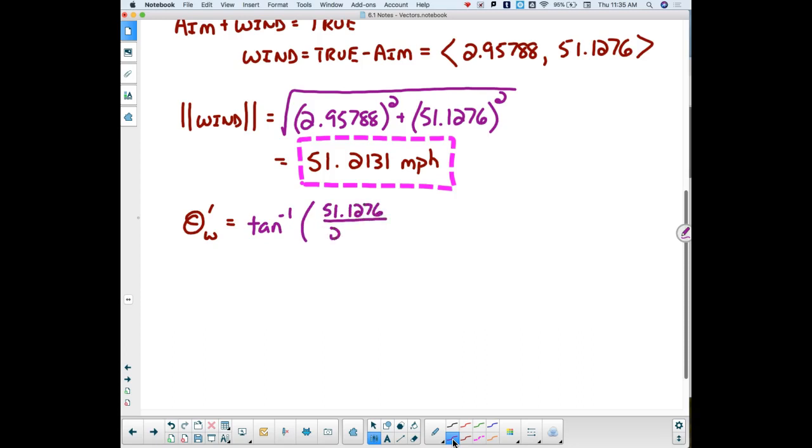Don't be packing up yet. We ain't done. I get a reference angle here of 86.689 degrees, right? So because we're in quadrant 1, how do I find my bearing angle?